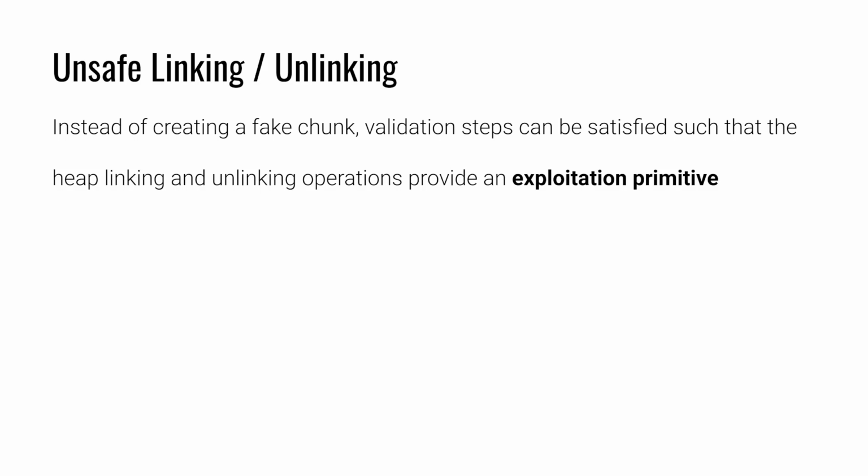I just happen to be able to get an arbitrary read by creating a fake chunk that isn't fully working, but works just enough so that I get an arbitrary pointer, an arbitrary read, an arbitrary write. I get some type of primitive that I can then work with.